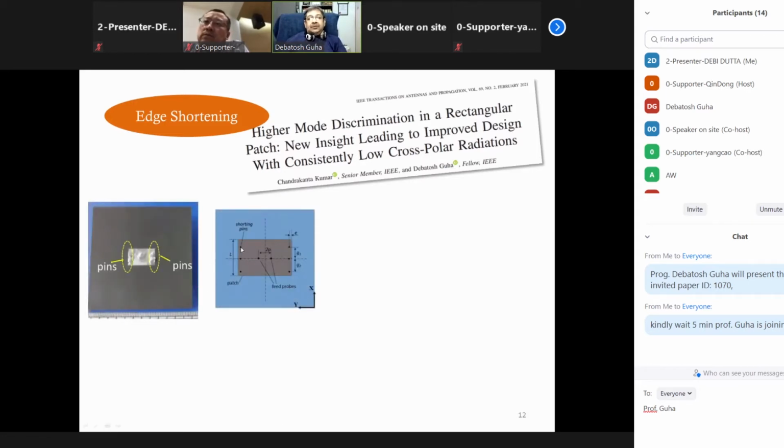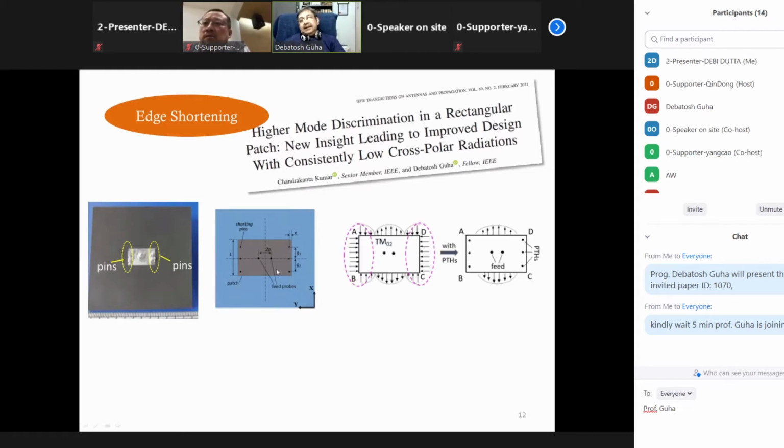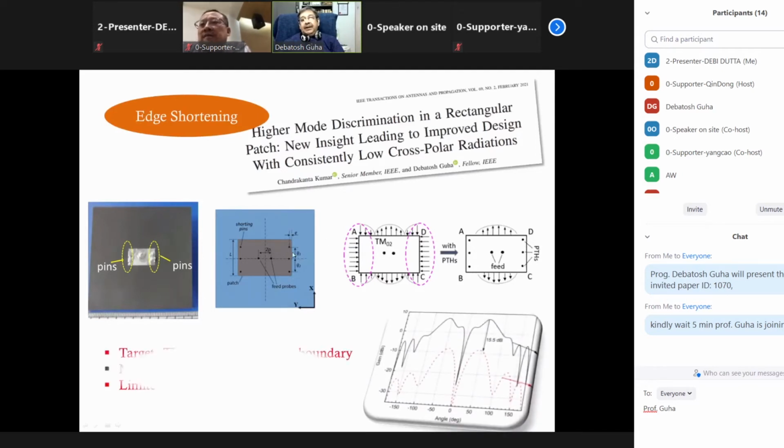That is, you just perturb the cavity boundary by just 3 and 3, that is 6 pins. What's the benefit? The orthogonal mode which is occurring, you can stop that mode from here. So you are free from this unwanted mode, then only one mode is present.